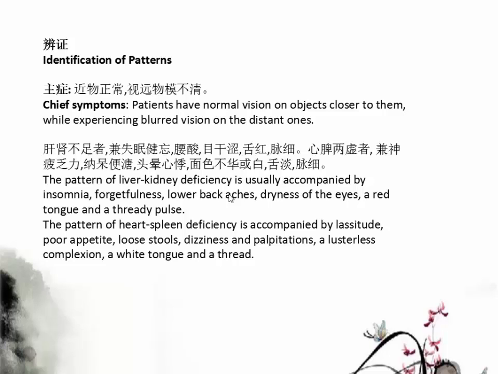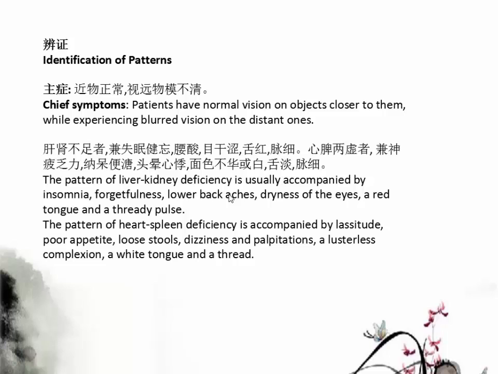Pattern of spleen qi, heart spleen deficiency is accompanied by lassitude, poor appetite. Again, spleen qi not nourishing heart blood. Okay, poor appetite, loose stools, dizziness and palpitations are the symptoms associated with heart blood deficiency here.